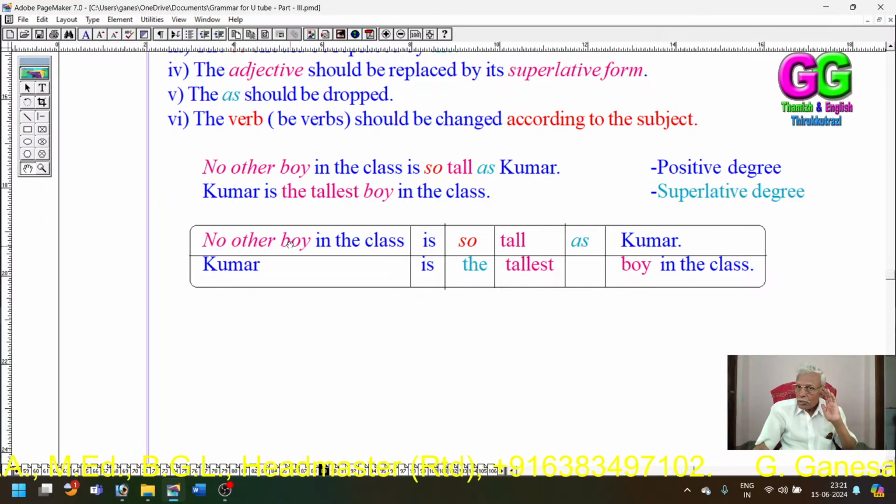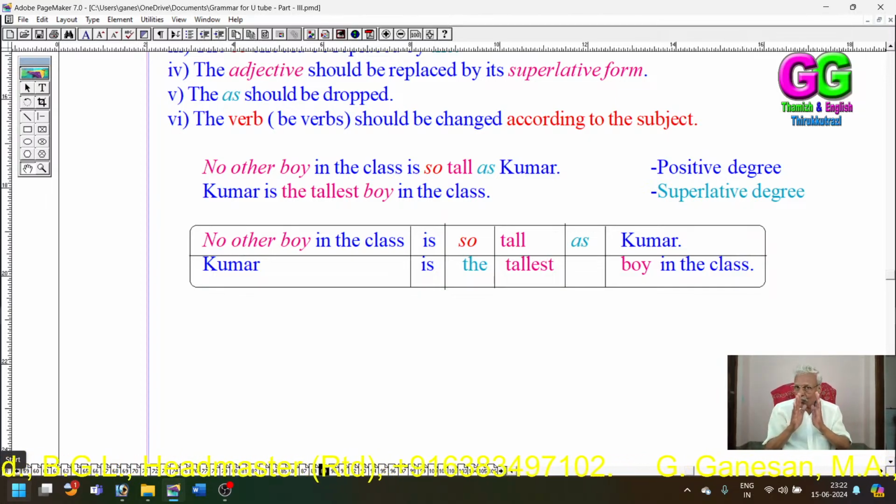That is, the sixth rule: in the subject, no other should be removed and the remaining part should be made the complement. So, no other boy in the class. Kumar is the tallest boy in the class.